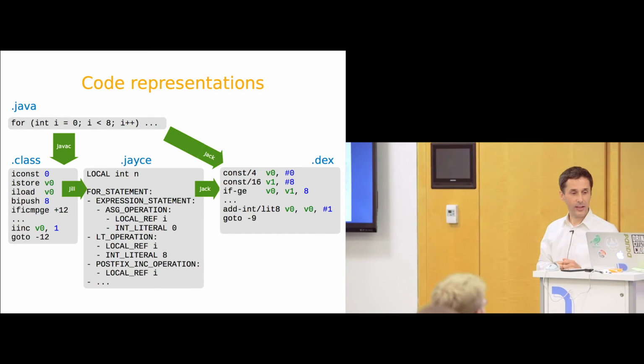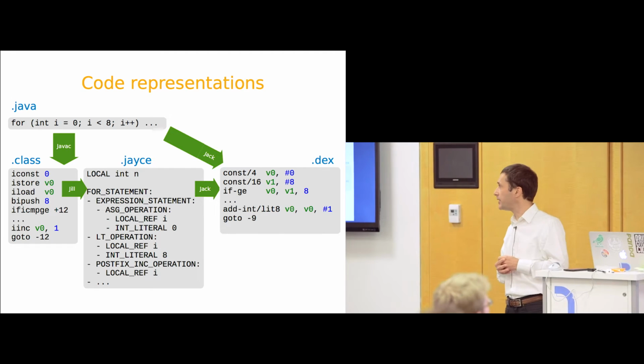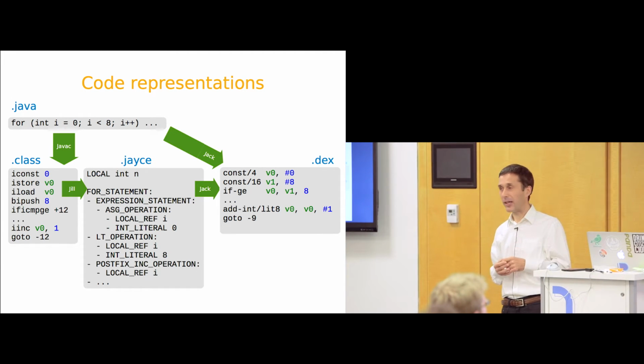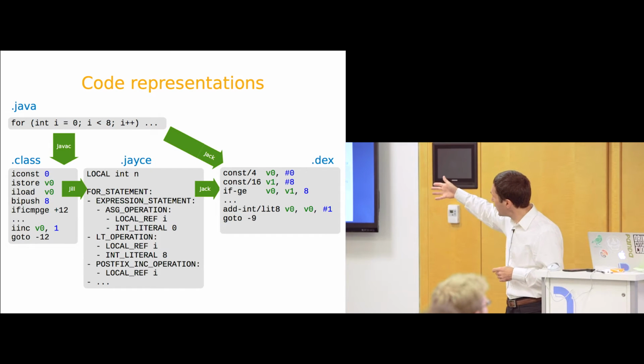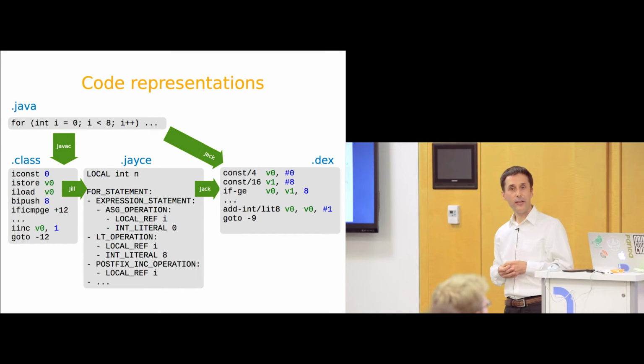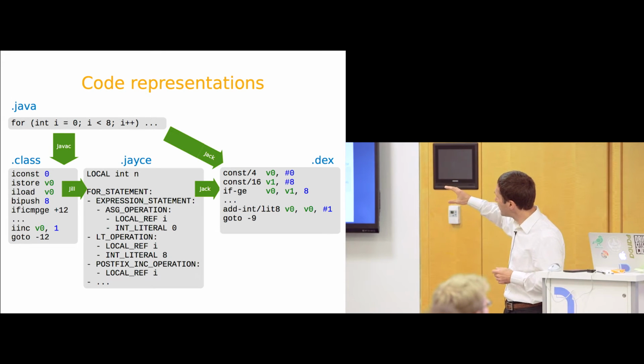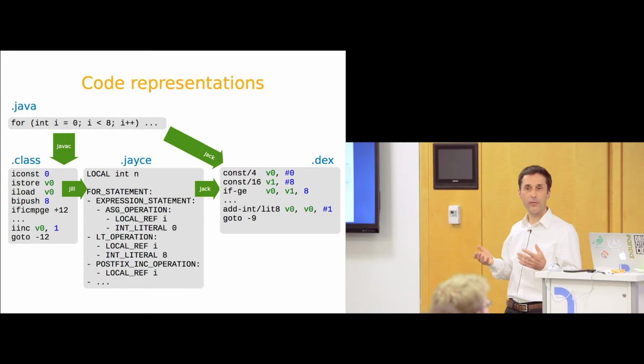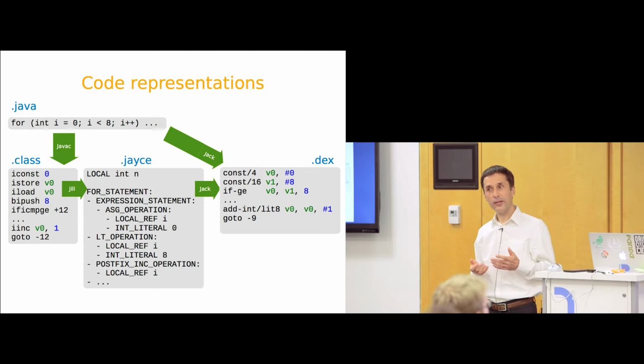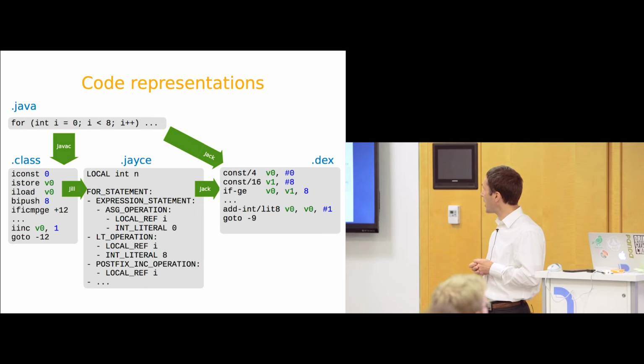So that is probably why the Android team introduced this new intermediary format, the Jayce format. And I've shown that format here for the same piece of code. You can see that it's more like a slightly higher level format. It's a binary representation of the abstract syntax tree of your application.